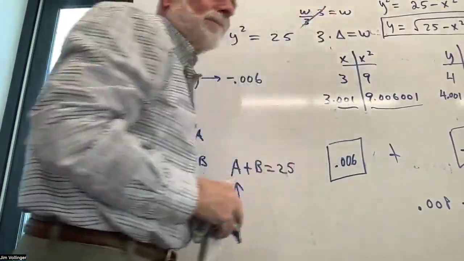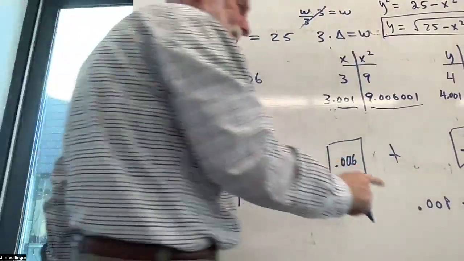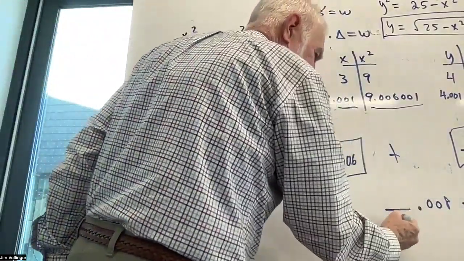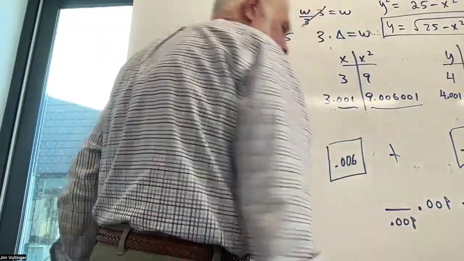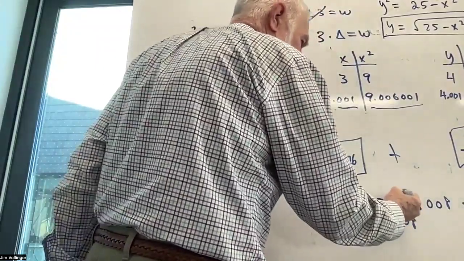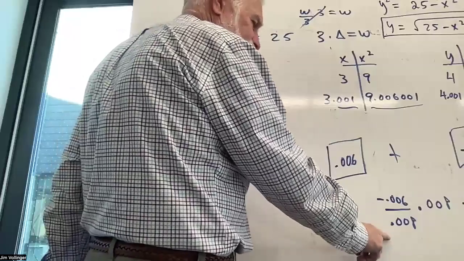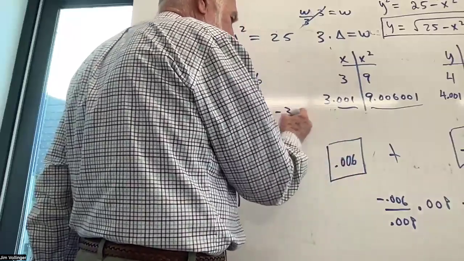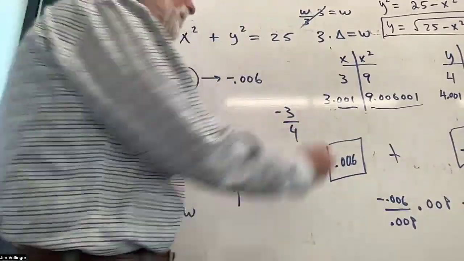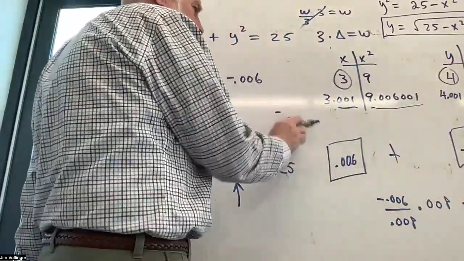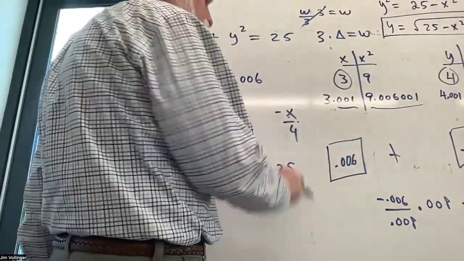I want that W. So I don't want this 0.008, I'll get rid of it. I want negative 0.006. And if you look at that, you get negative 6/8, which happens to be negative 3/4. And what numbers did we start with? An x value of 3 and a y value of 4.